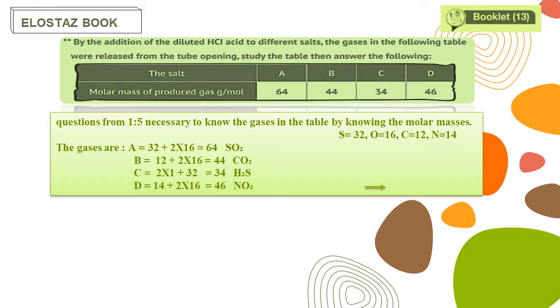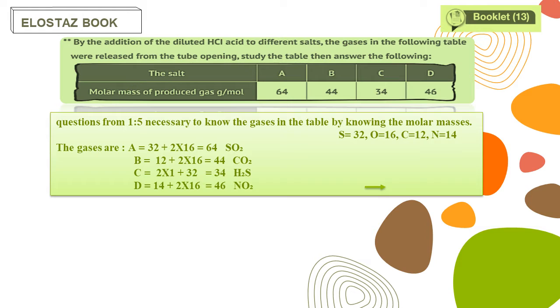Gas C, with molar mass 34, is hydrogen sulfide: 2 times 1 plus 32 gives 34. And the last one, gas D, molar mass 46, is nitrogen dioxide: 14 plus 2 times 16 gives 46 gram per mole. Let's continue our question.